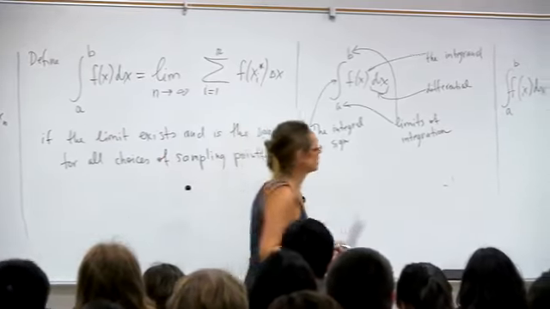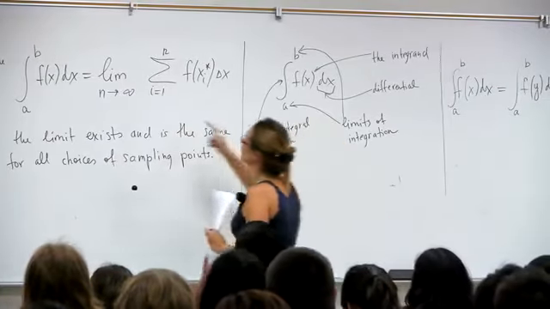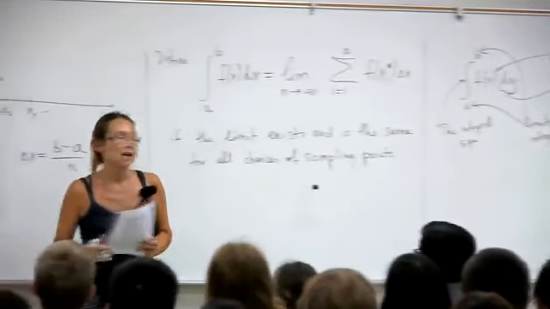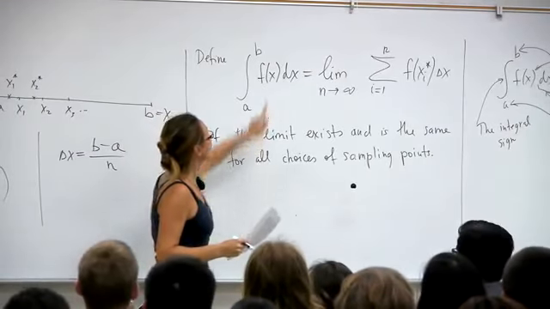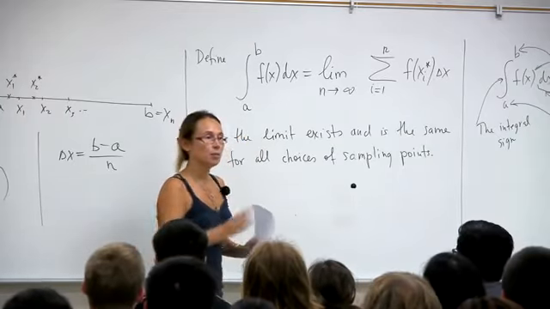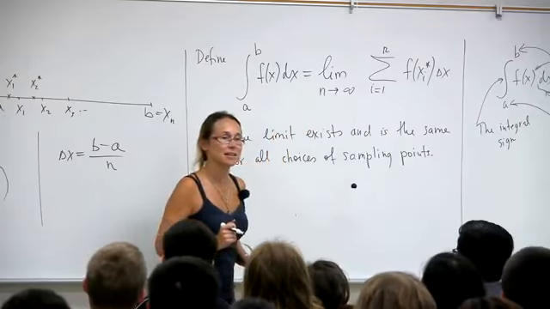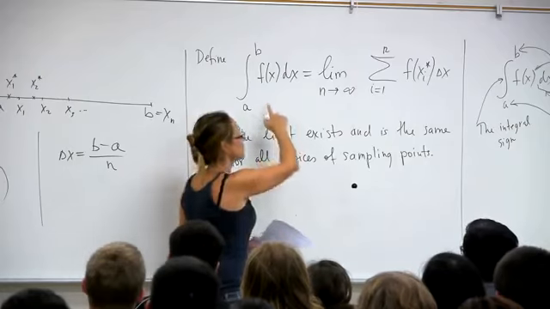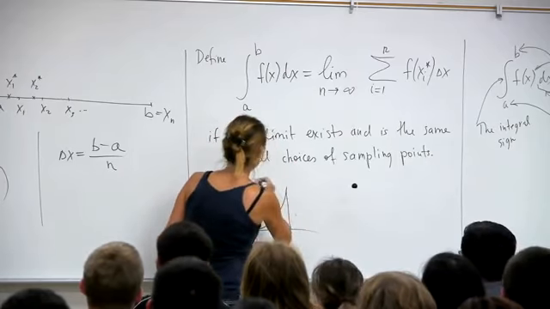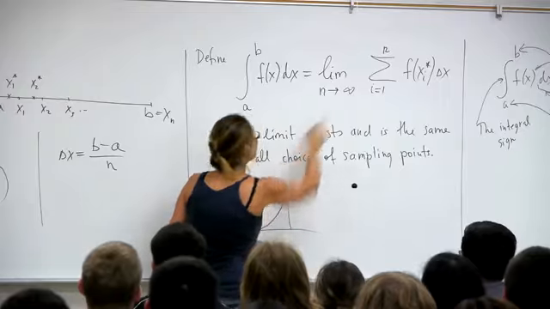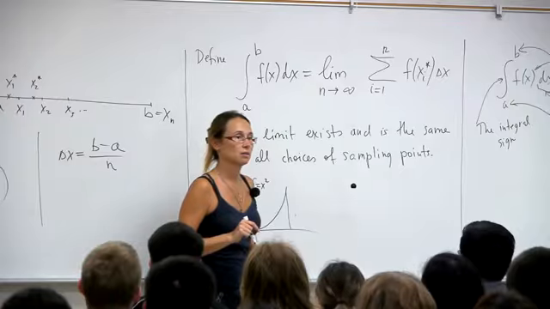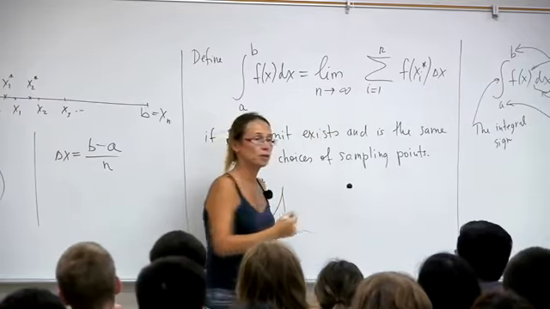Why is that? If you look at the right-hand side of this definition and take f to be x squared, remember we actually did this exercise last time. We considered the parabola f equals x squared, and we calculated the sum. What was it equal to? 1/3, right? So we got a number, 1/3.